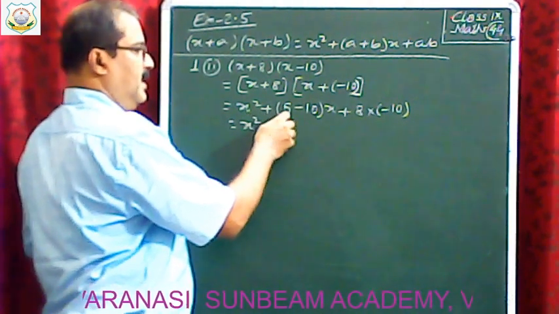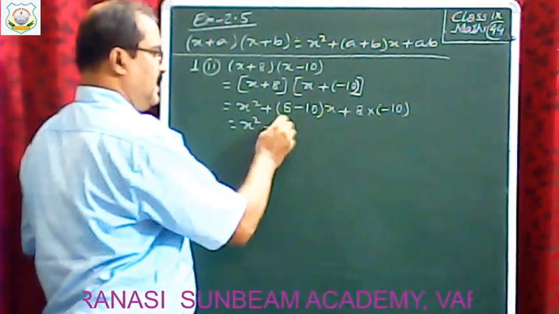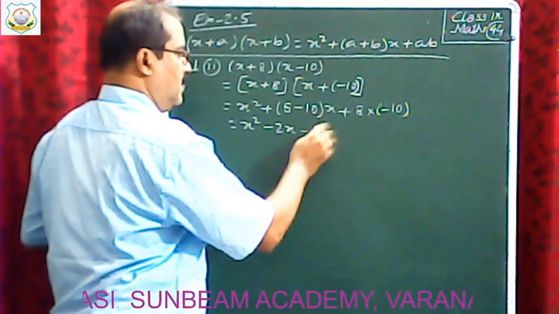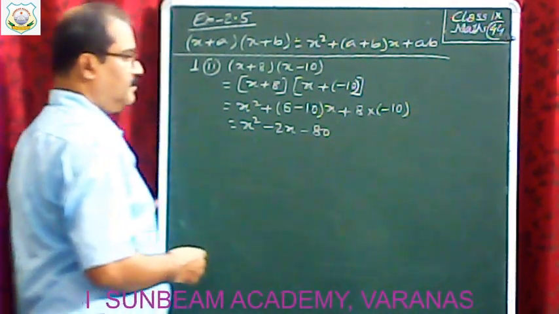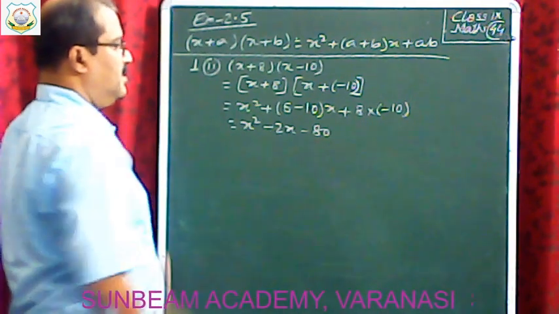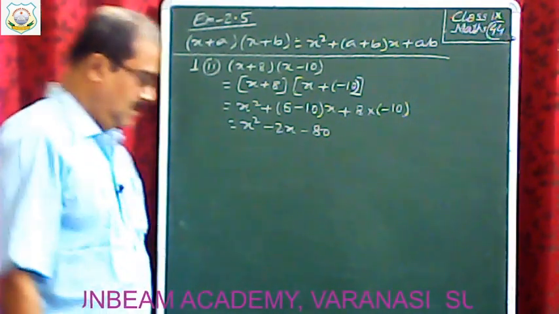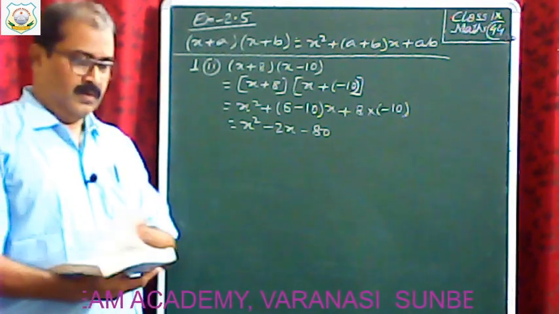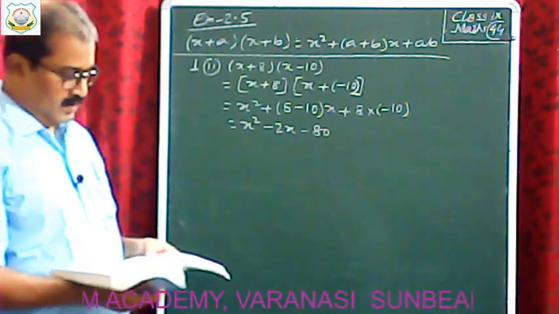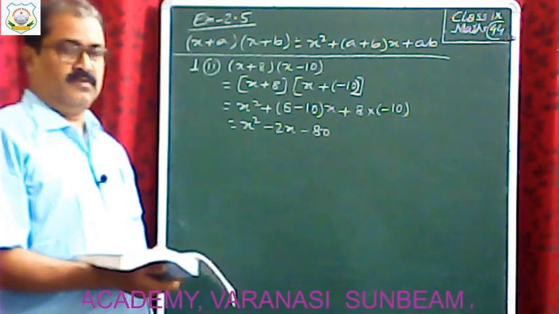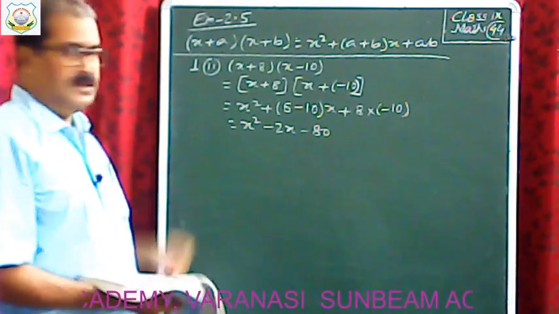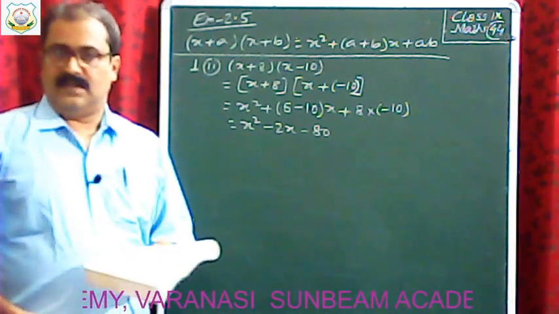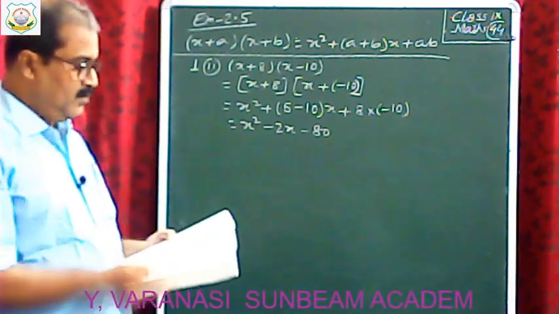X square, 8 minus 10, that is minus 2x, 8 into minus 10, minus 80. X square minus 2x minus 80. Okay, so you have to find the product by using suitable identity. Question number 1. So this identity was given in R.S. Agarwal. Okay, that's why you have to do this.